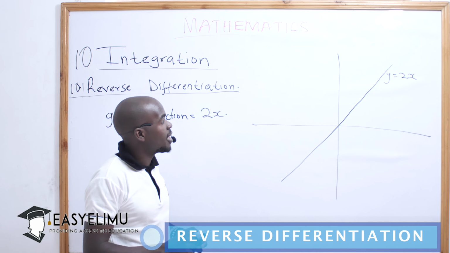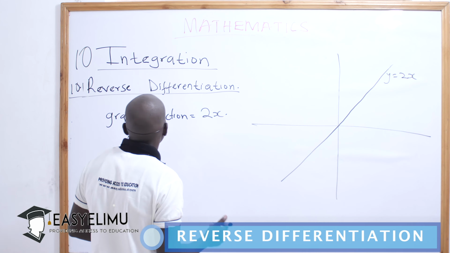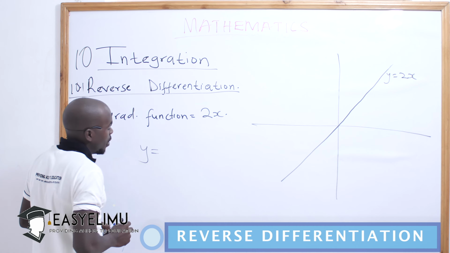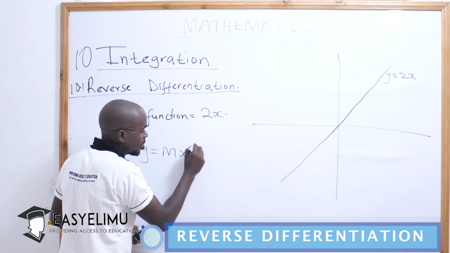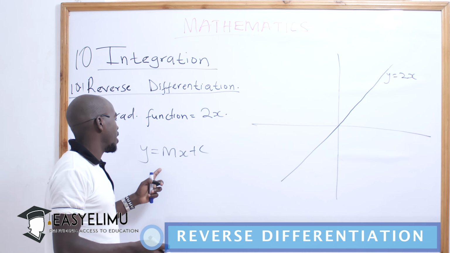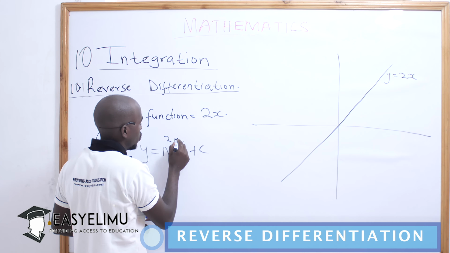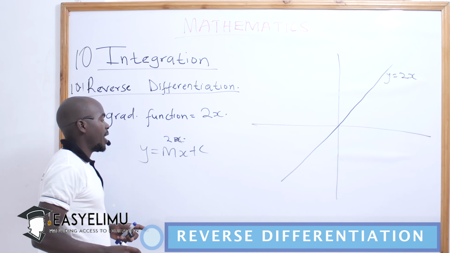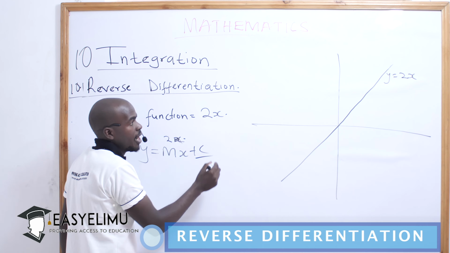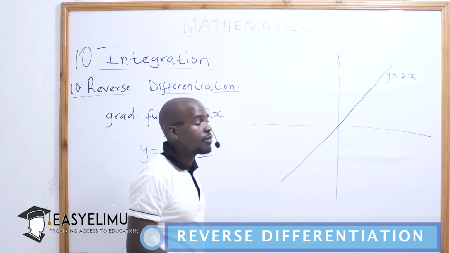From the equation of a straight line, y equals mx plus c, and here we have 2x, so our m is 2. Our c we can find from here, and that is what will give rise to different kinds of graphs.